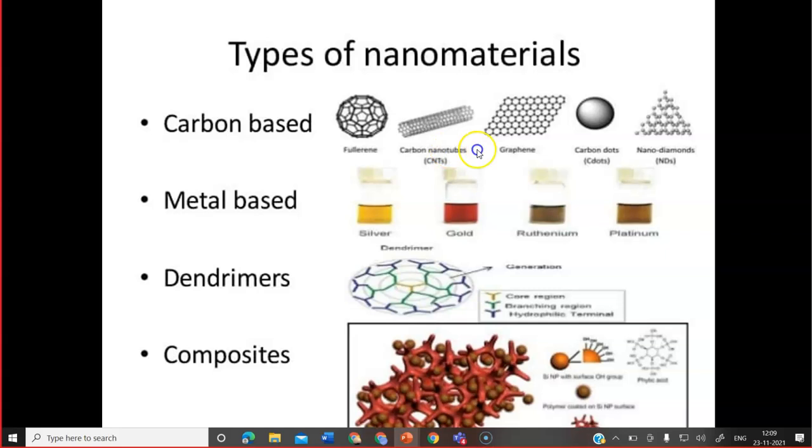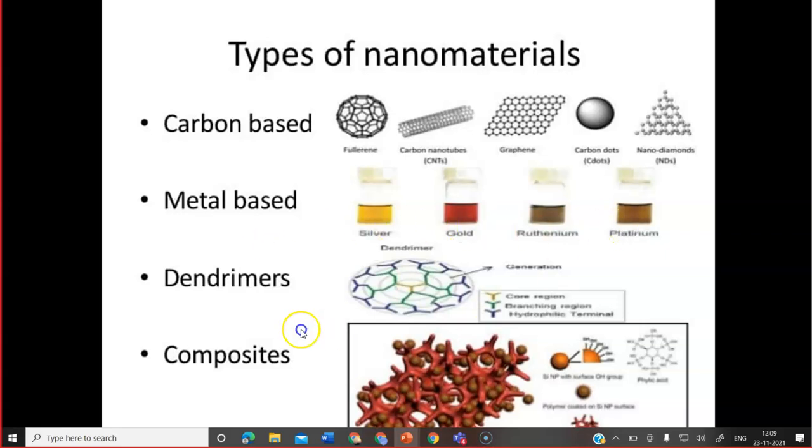Here some materials are shown additionally. That's why I have taken this slide. Carbon dots are also there. Nano diamonds are also there. This is also there in the syllabus. Diamonds. So we'll compare between these. You must be able to compare between fullerene, CNT, graphene, and then diamonds. Okay.